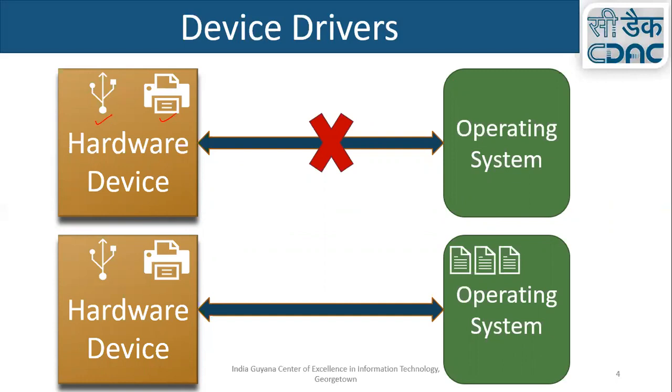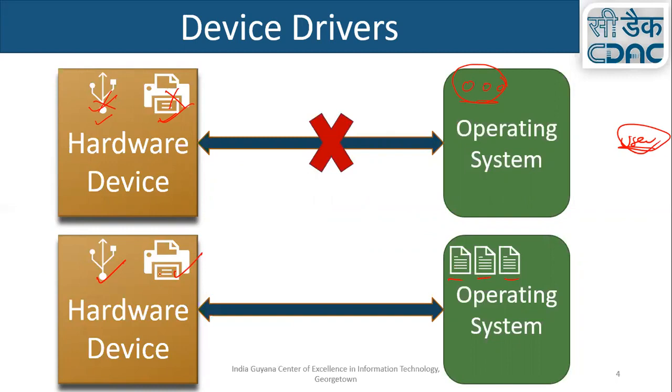If you don't have the device drivers, your operating system can't recognize these devices. As an end user you can't use the USB devices or printer without installing the device driver. Once you install these device drivers, then you can utilize these devices.